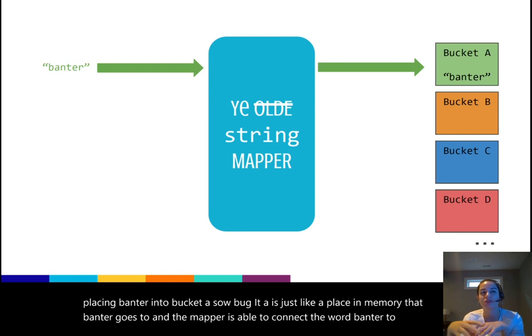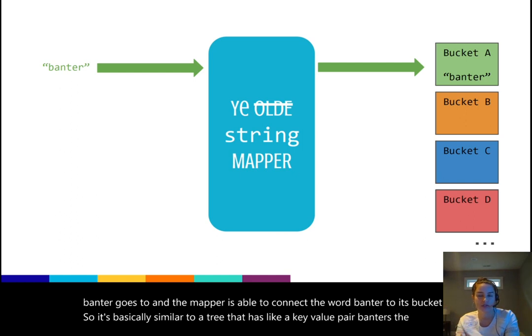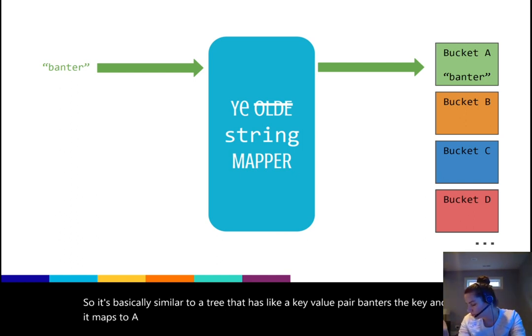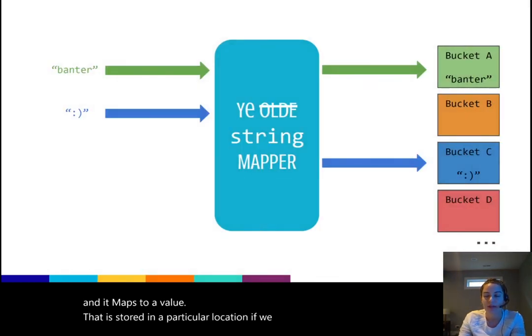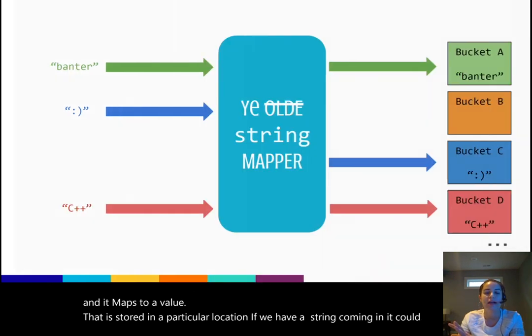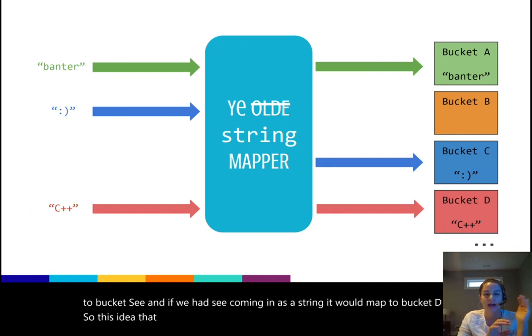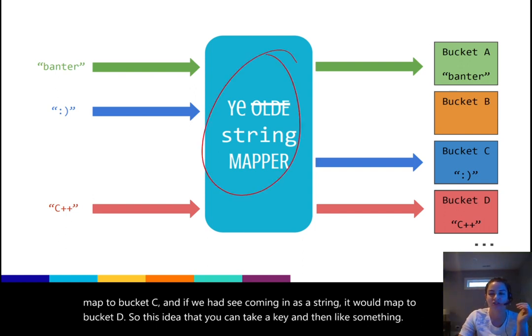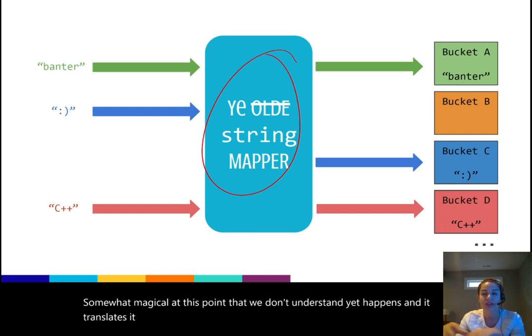It's similar to a tree with a key value pair: banter is the key, and it maps to a value that is stored in a particular location. If a smiley face string comes in, it could map to bucket C. And if C++ comes in as a string, it would map to bucket D. This idea that you take a key, and then something somewhat magical that we don't understand yet happens, and it translates it to a particular location, is basically all a hash function or a hash map is.